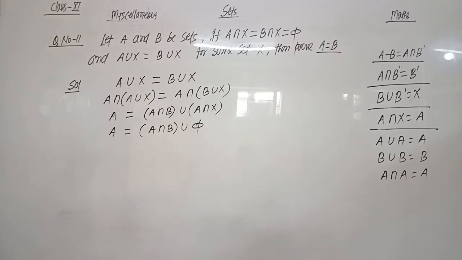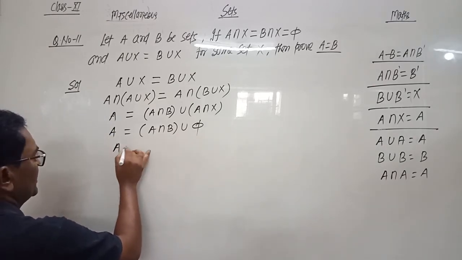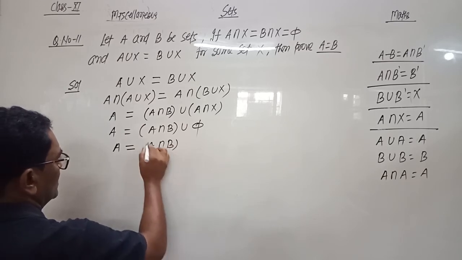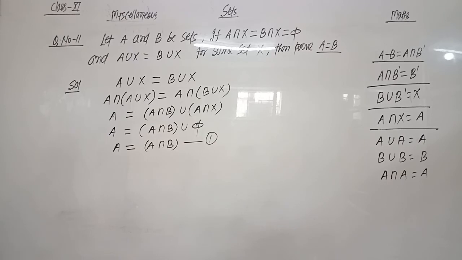So we put A intersection X equals phi, and (A intersection B) union phi is written as A intersection B. So we get the result A equals A intersection B.